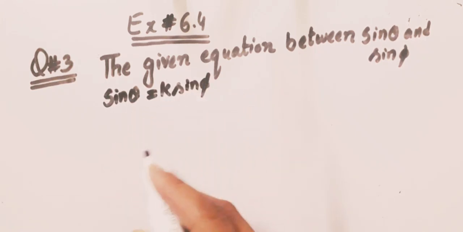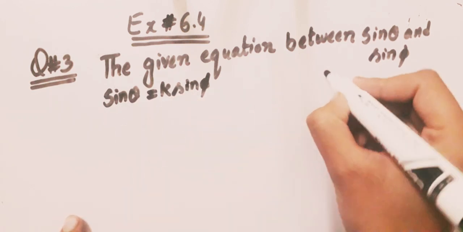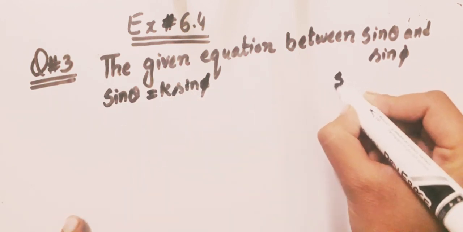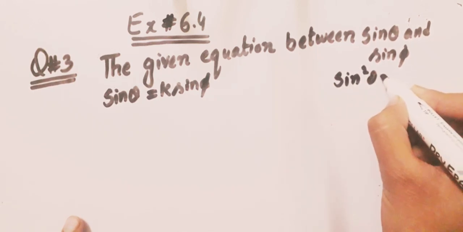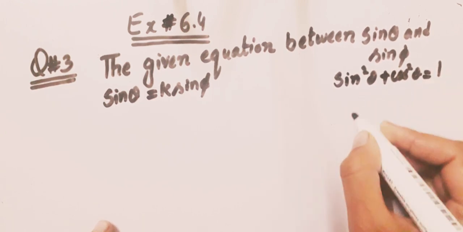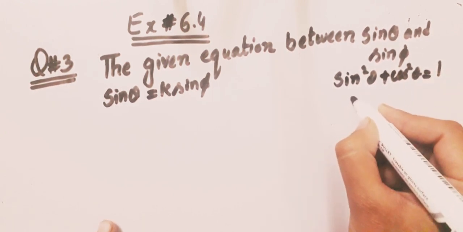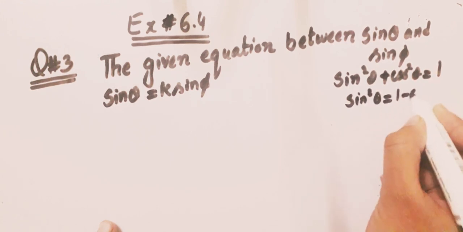You have to convert this relation in terms of cos theta. So first of all you will write sine square theta plus cos square theta is equal to 1. Now you will find the value of sine square theta, which is equal to 1 minus cos square theta.